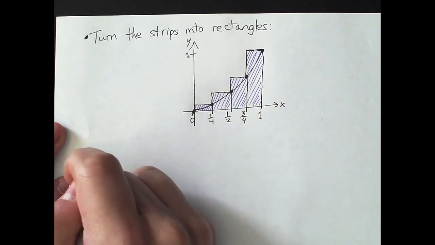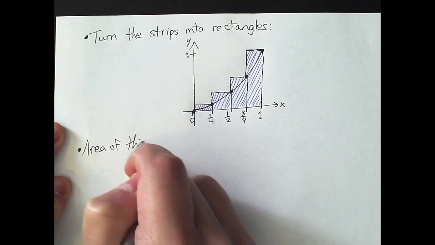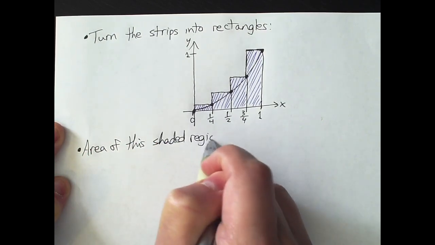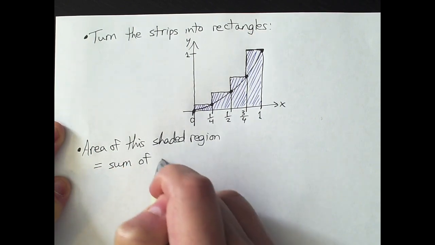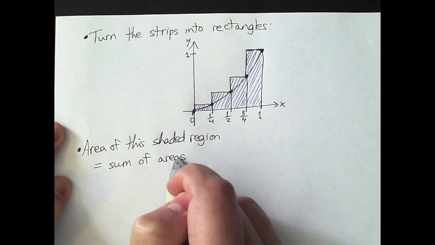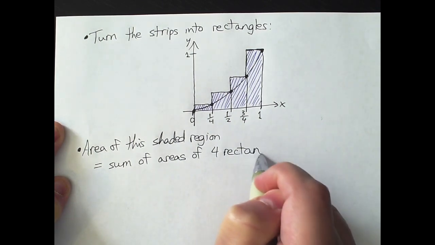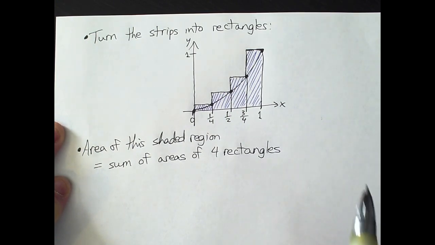So I'm going to say the area of this shaded region equals the sum of areas of 4 rectangles. This section was called estimating with finite sums.